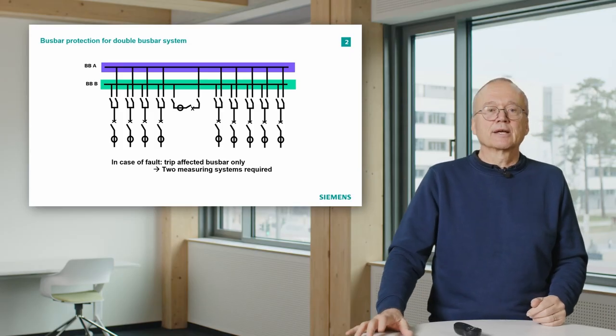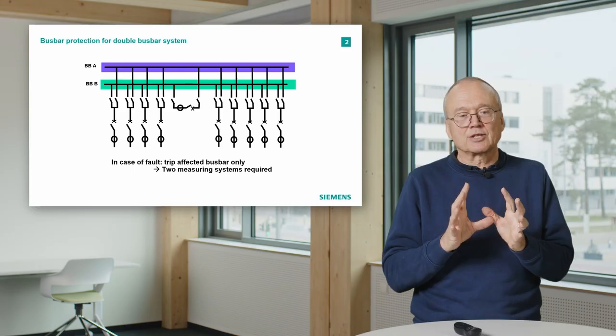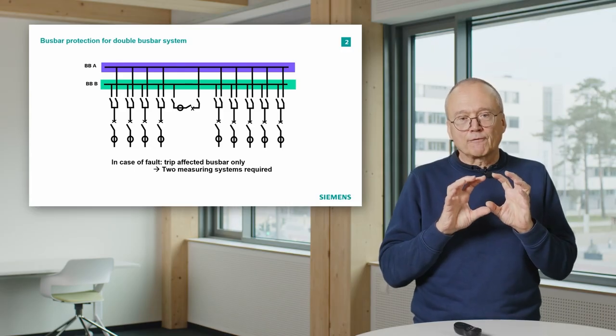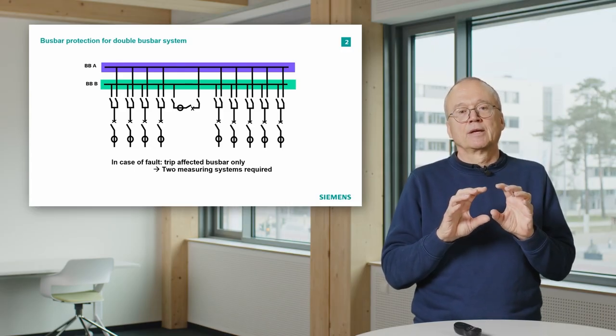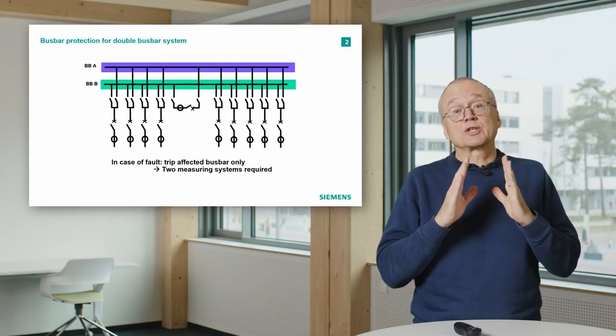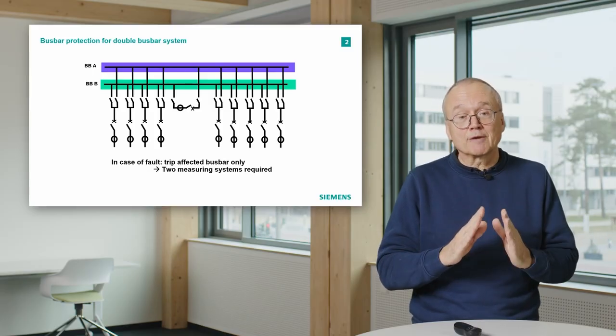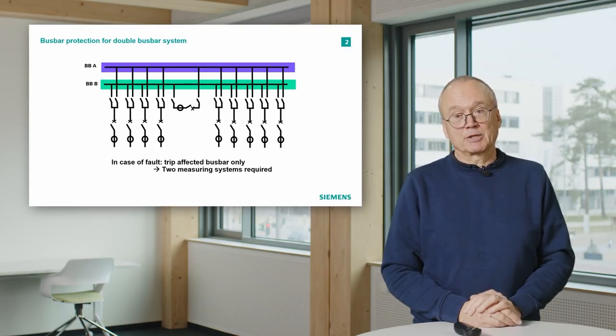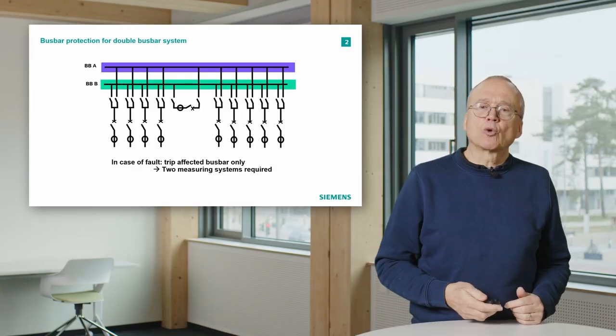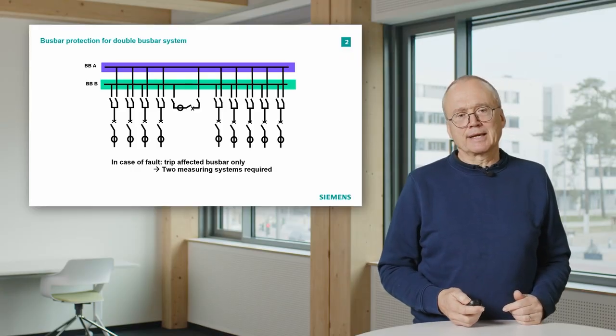That's not a good idea. So we must be selective. Only the affected busbar, or only the feeders which are connected to the affected busbar, must be tripped. And that makes the whole thing a bit more complicated.